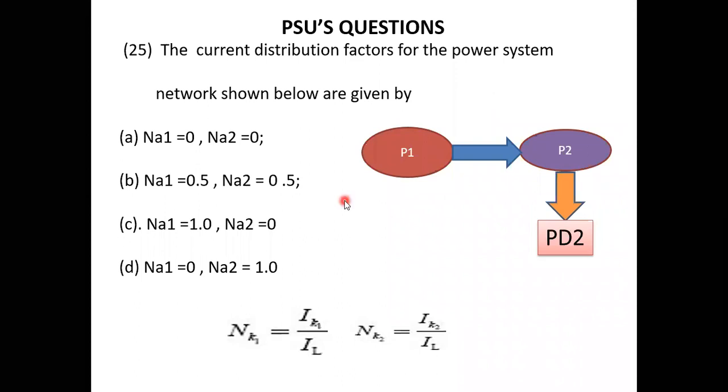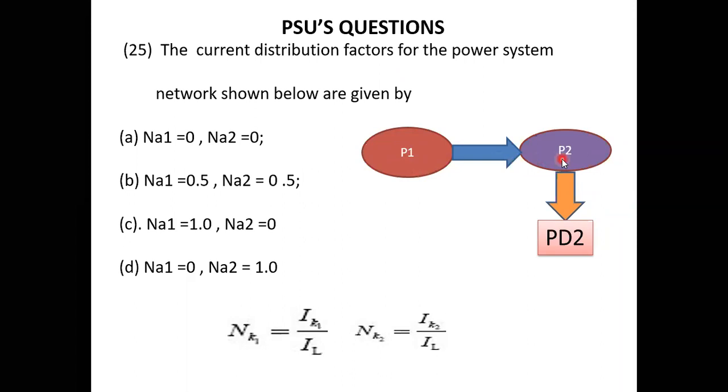So now let us consider this problem. The current distribution factors for the power system network shown below are given by. So this is a power system with two power plants, P1 and P2.